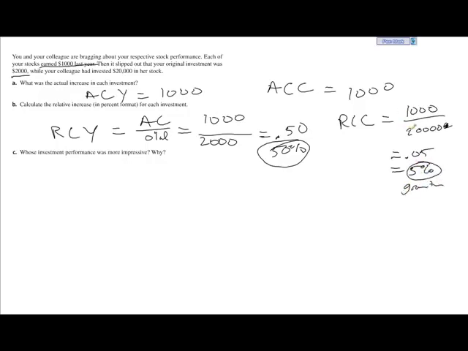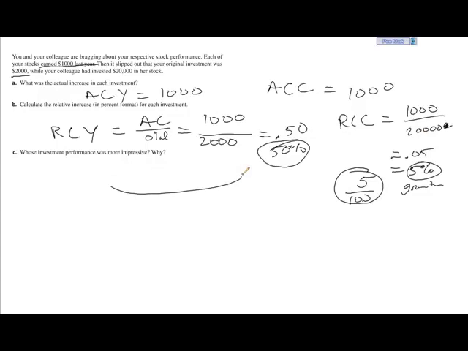That means for every $100 that person invested, they only grew by $5. Remember, 5% means 5 for every 100. So 5 growth, that's what's on top, for every 100 invested. That's what's on the bottom.